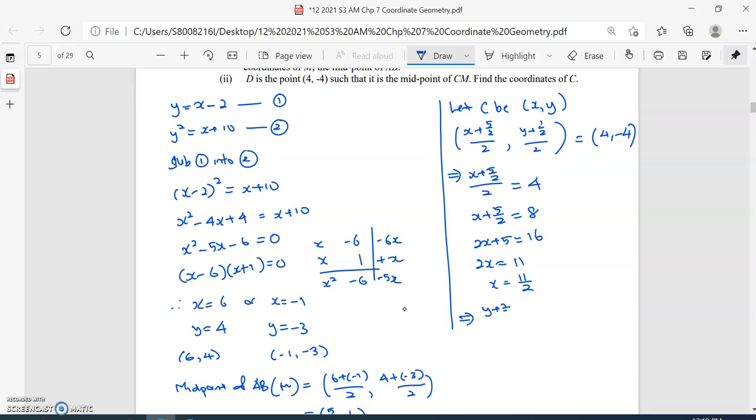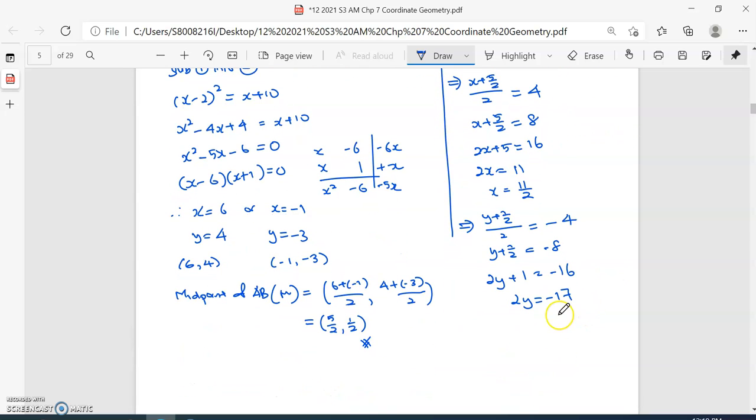For y, y plus a half over 2 equals negative 4. So y plus a half equals negative 8, 2y plus 1 equals negative 16, 2y equals negative 17, meaning y equals negative 17 over 2. So therefore, your C is (11 over 2, negative 17 over 2).